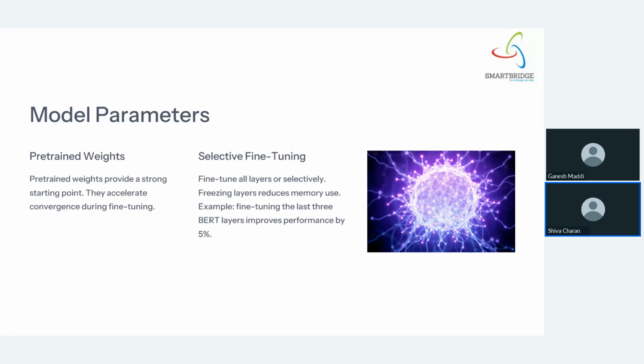We also have internal variables which define the model's behavior and prediction. In the model parameters, the types are weights and bias.